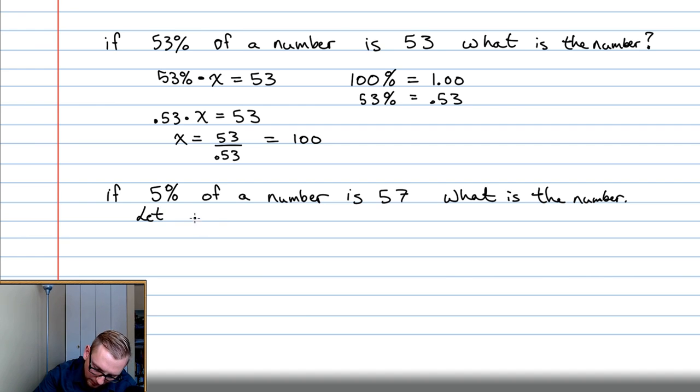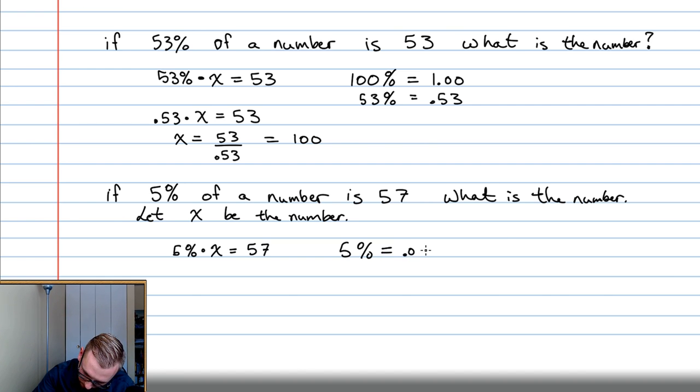Let x be the number. Okay, so then 5% times x is 57. 5% is equal to 0.05.